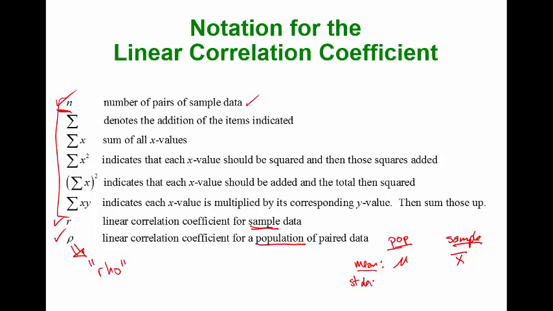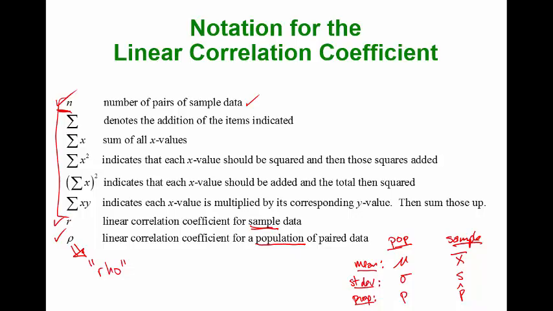Our standard deviation values for a population would be sigma, for a sample would be s. Our proportion symbols would be p for the population and p hat for a sample.